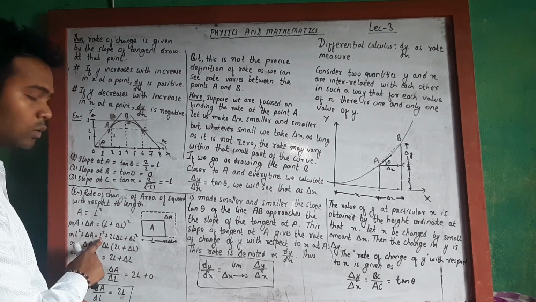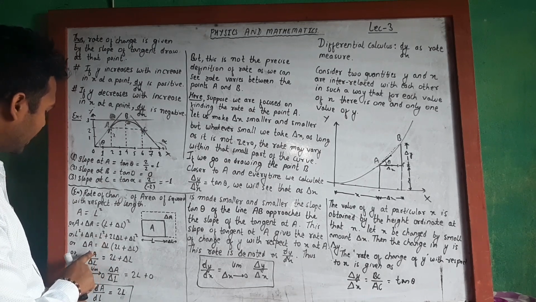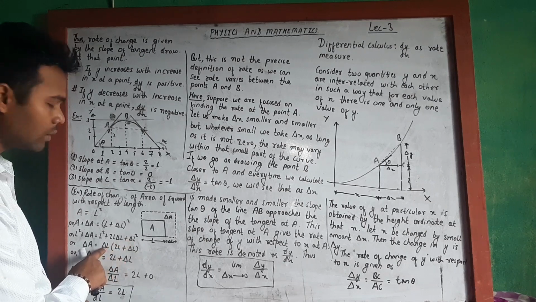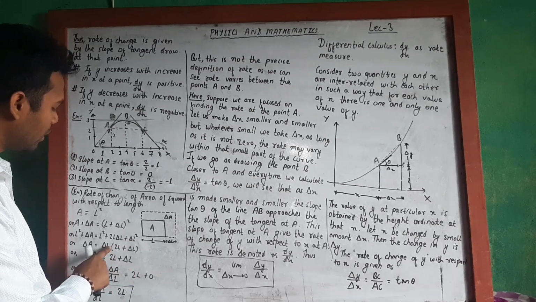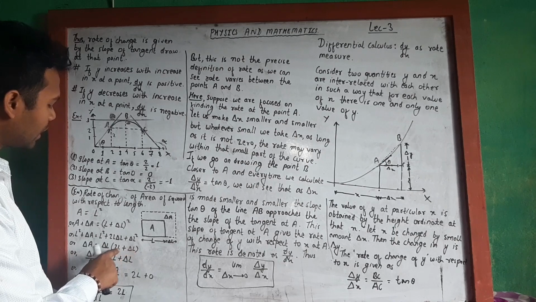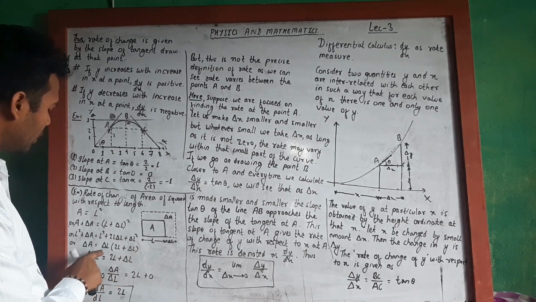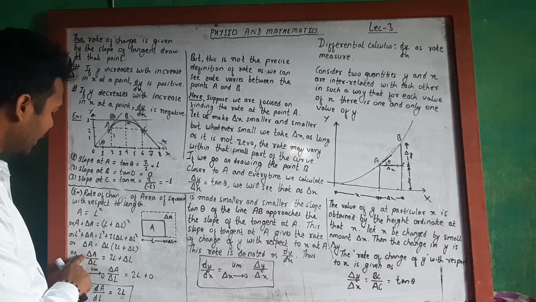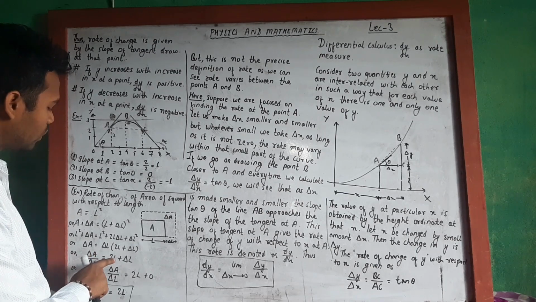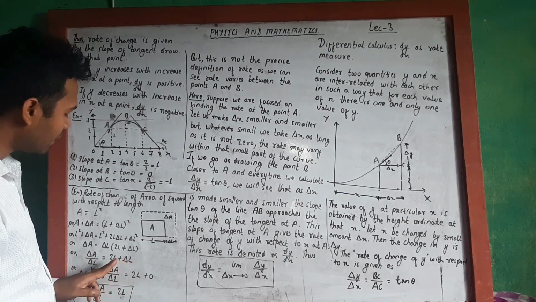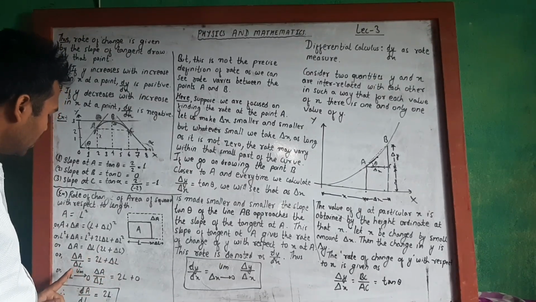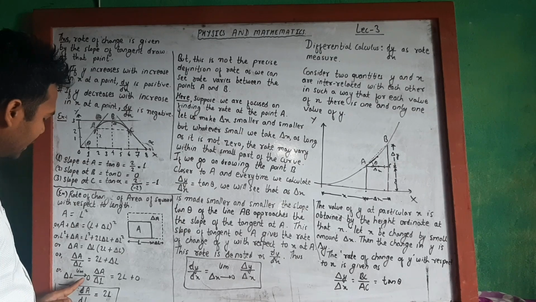Here L square cancels on both sides, and that's why del A is equal to, from these two terms we can bring out the common del L, and inside the bracket 2L plus del L. If we bring del L to the left hand side, then we get del A by del L is equal to 2L plus del L. Now we can find the actual rate by taking the limit of del L tending to 0.